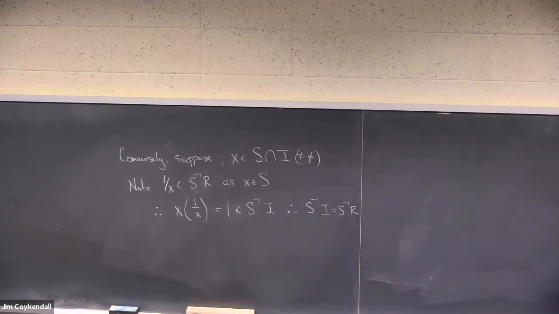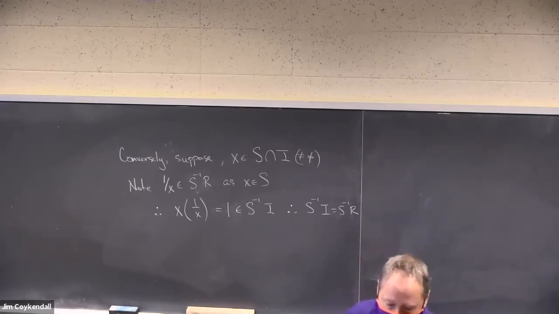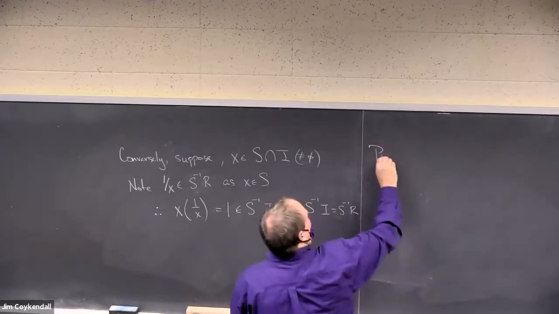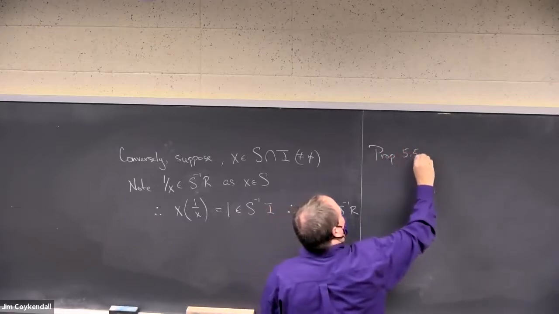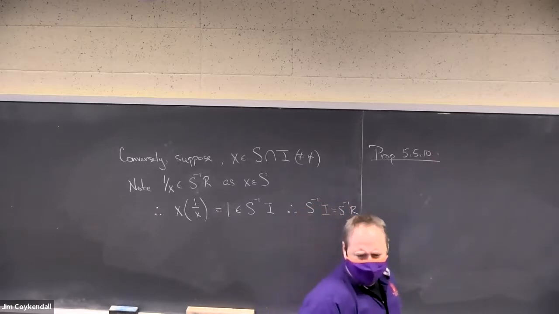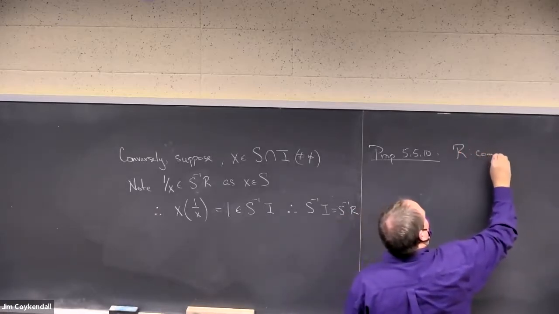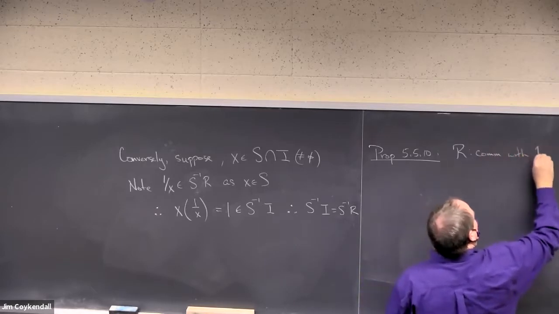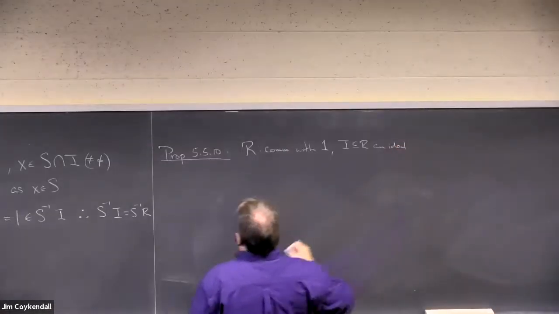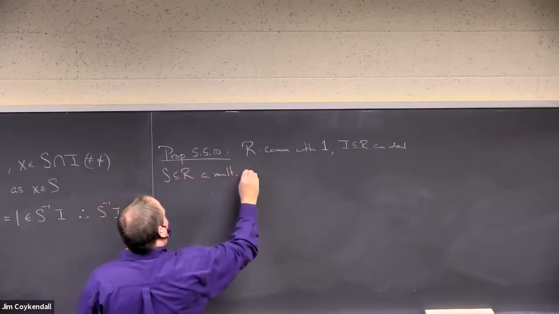Here's another kind of bookkeeping lemma before we talk a little bit about localizations and some particular multiplicative sets that are important. Proposition. Let R be an arbitrary commutative ring with identity, I an ideal, and S a multiplicatively closed subset.